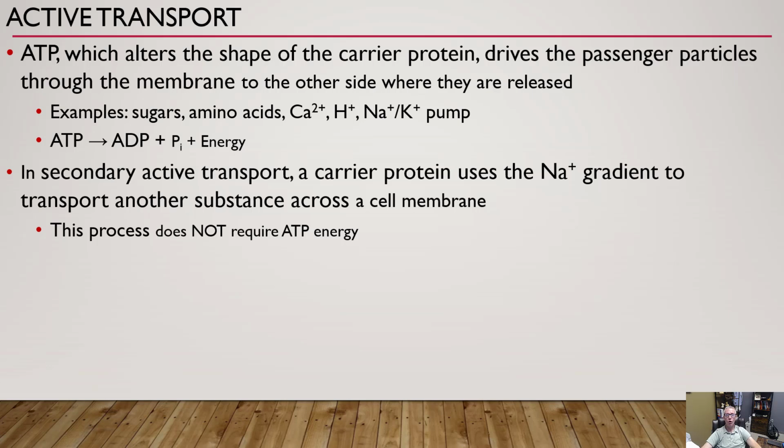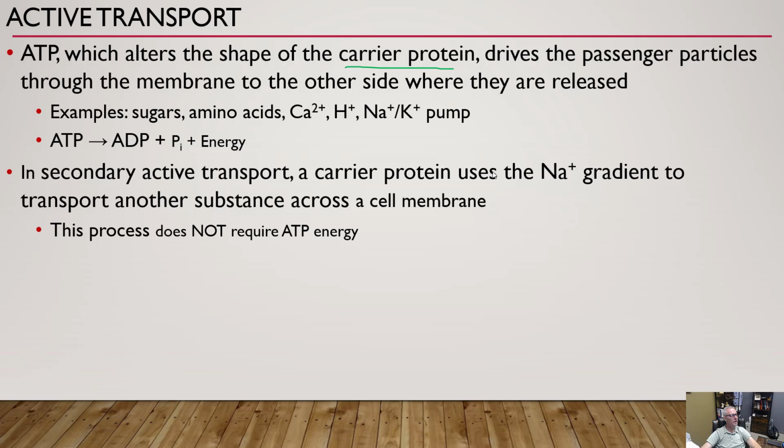That's going to alter the shape of that carrier protein, and that's going to drive those passenger particles through that cell membrane to the other side, where they are going to be released. All right, so sugars, amino acids, calcium, hydrogen ions, sodium-potassium pump.